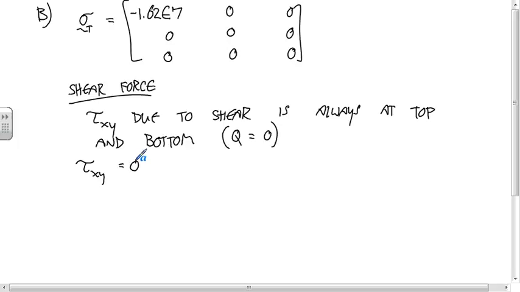What about bending? Is that going to be 0 at the top? No, we have to deal with that one.